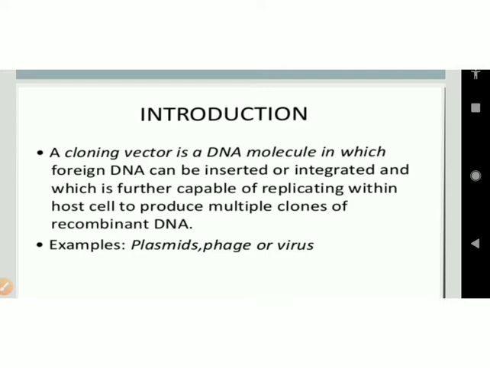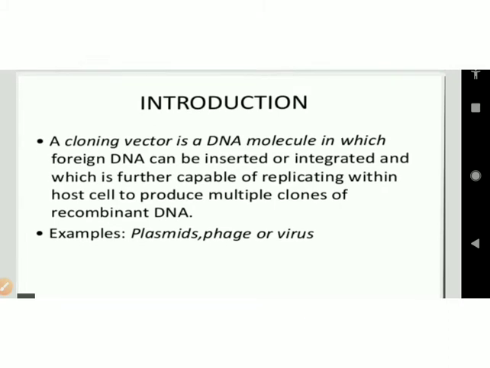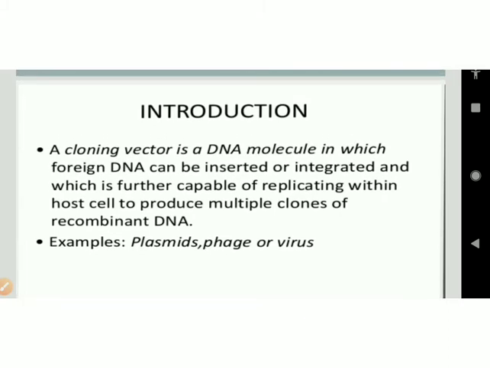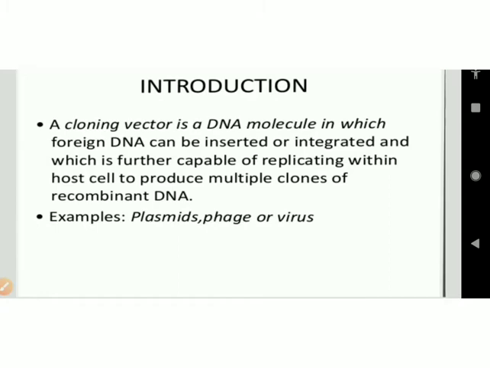In the cloning vector we insert our DNA of interest, and then the cloning vector is transferred into a cell, prokaryotic or eukaryotic, and after that the vector multiplies or produces multiple copies in the cell. Examples of the cloning vector are the plasmid, cosmid or virus.